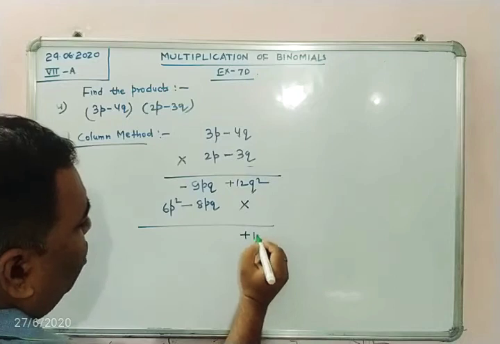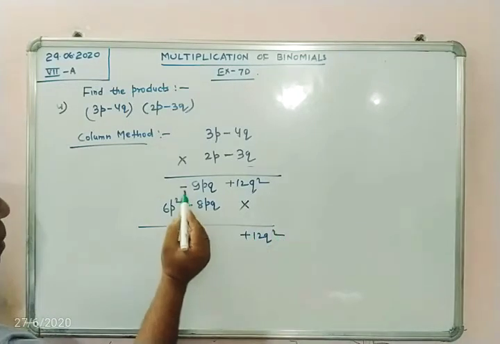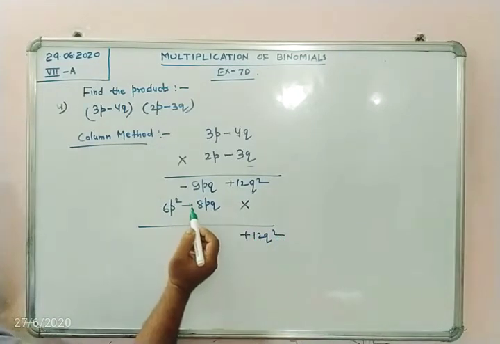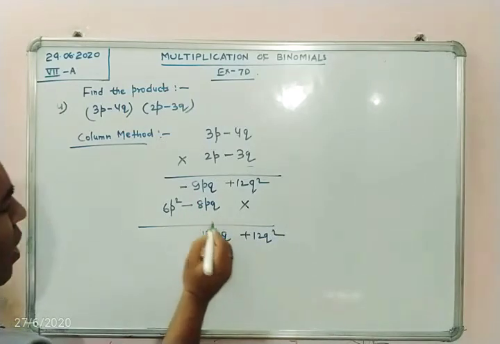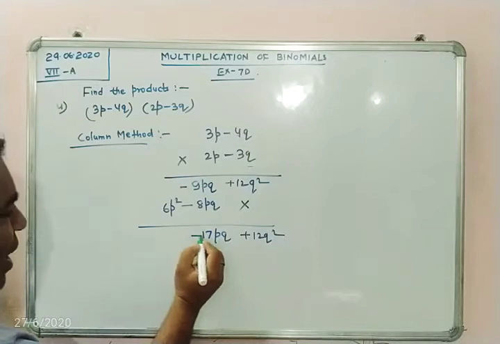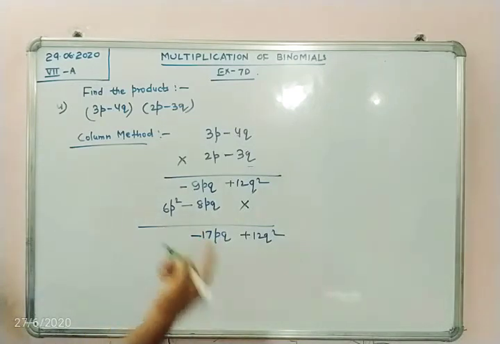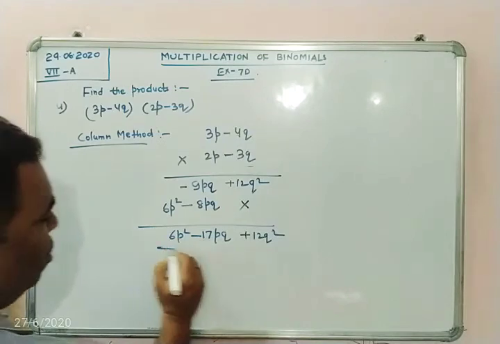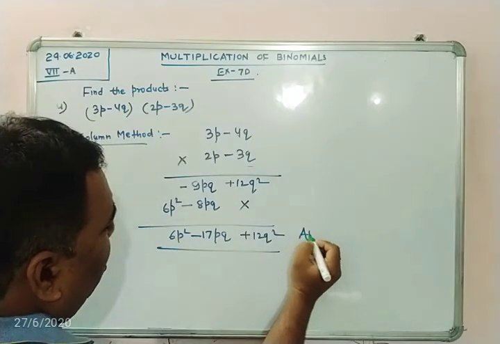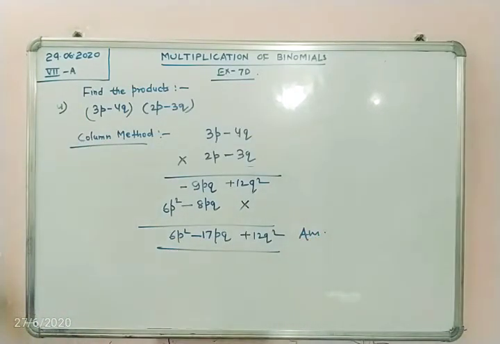So plus 12q². Minus 9pq and minus 8pq, that means they will get added. So 9 and 8 make 17pq. And which one is greater? 9. So minus sign, because the sign of the greater term is taken. So 6p² - 17pq + 12q². So this is, students, another method to find out the product.